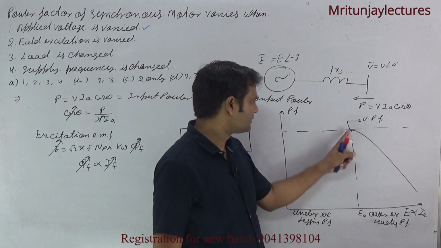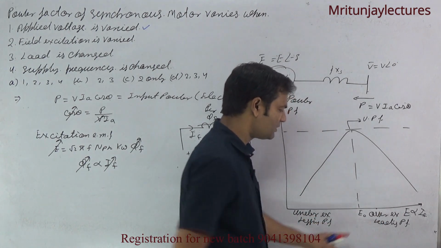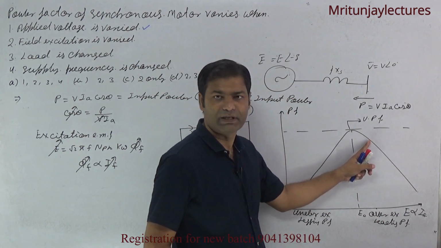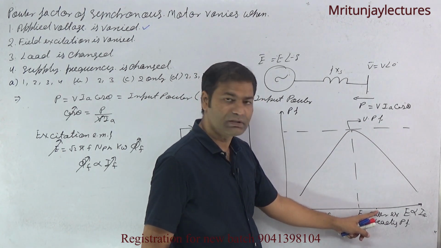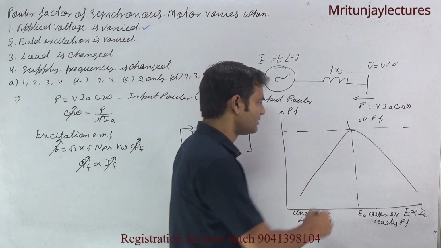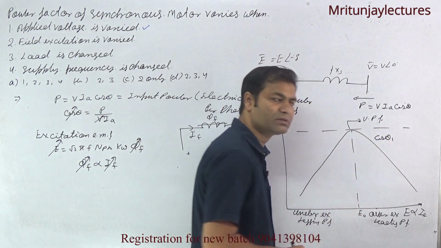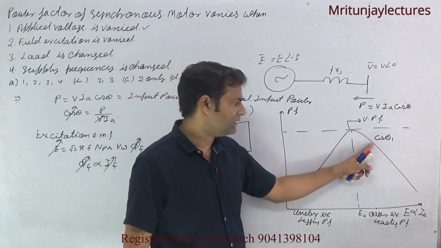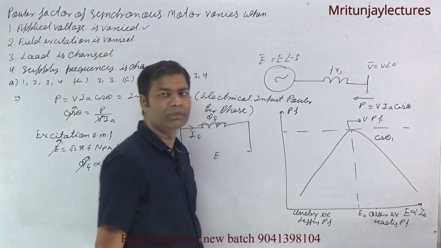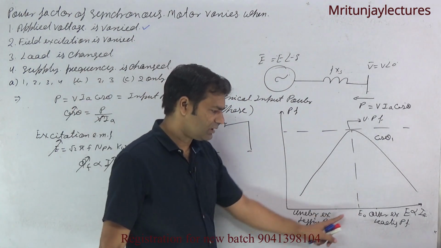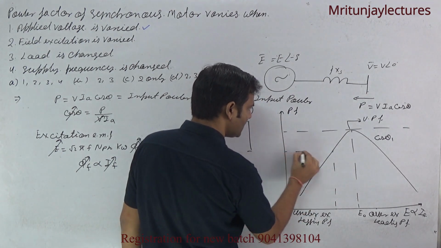Corresponding to E naught, power factor is unity. If excitation is changed, then the power factor varies. The power factor at this E, suppose, is cos theta 1 leading. Now here, if excitation decreases to less than E naught, then it lies in between here. What about power factor?